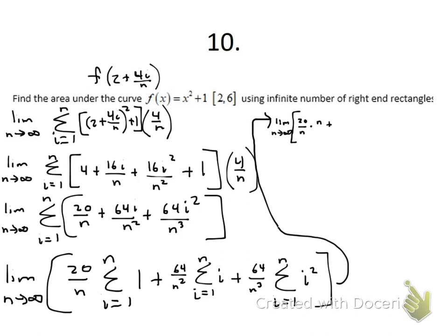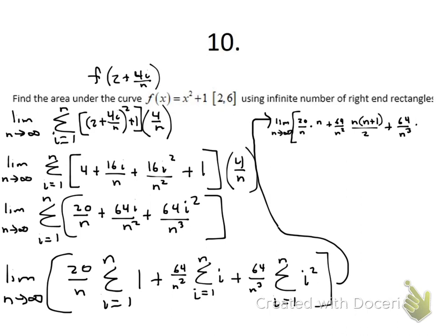Plus 64 over n squared times what's sigma of i? n times n plus 1 all over 2. Plus 64 over n cubed.